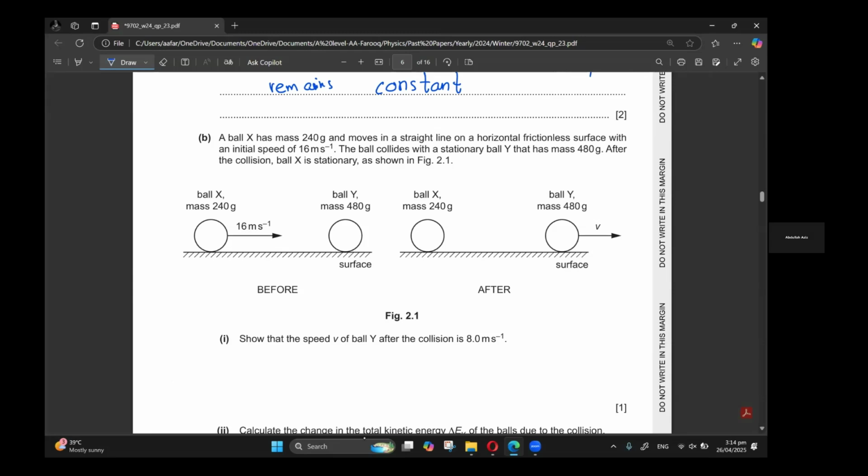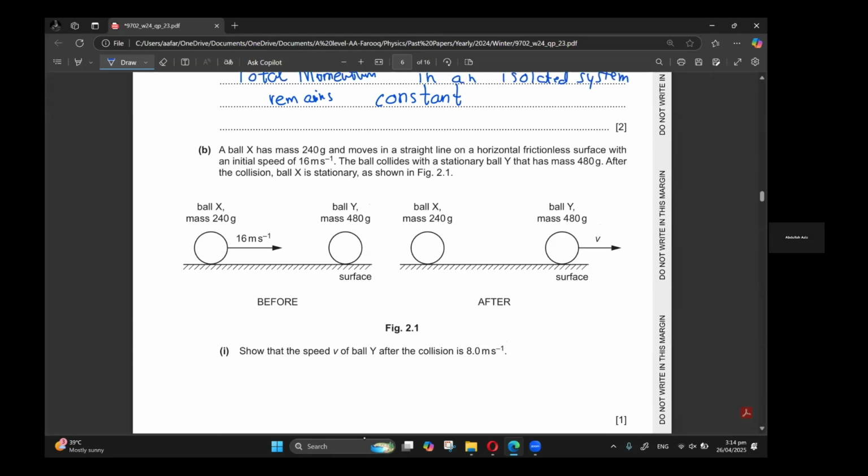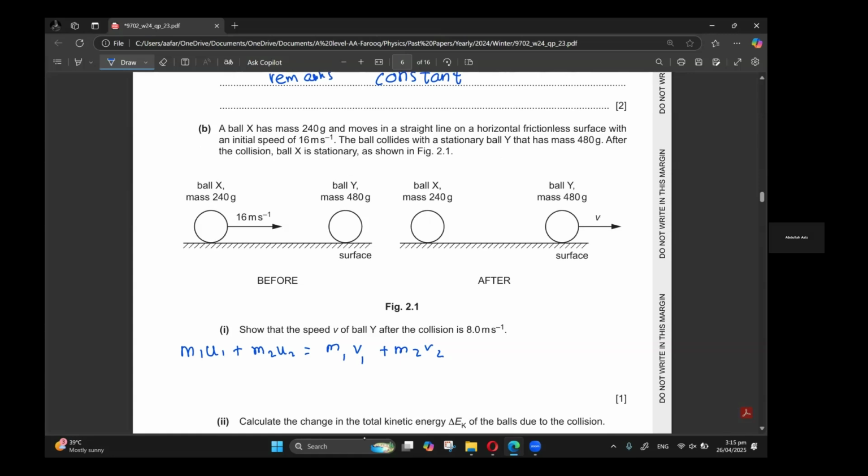So we just need to use the equation of momentum. Initial momentum of particle 1 plus initial momentum of particle 2 is equal to final momentum: m1 v1 plus m2 v2. Mass of the first particle is 240. We don't need to convert it to kg because it's an equation, so it will give us the same answer.